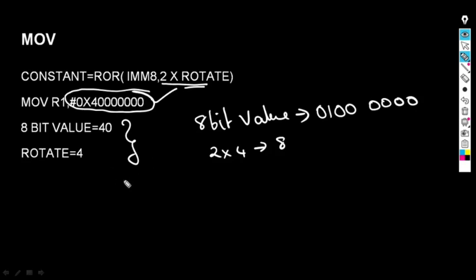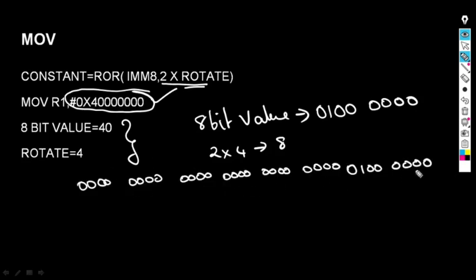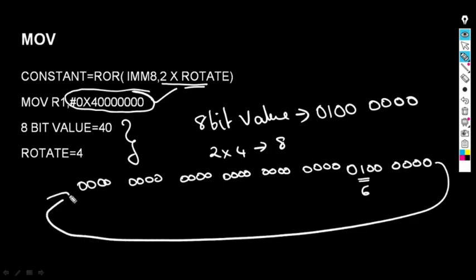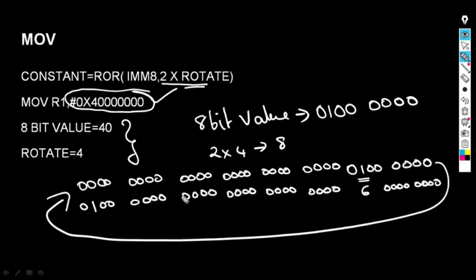If I have to show it, this is my initial value, this is bit number 6. I want to actually rotate it here and place it in this particular position. Which position exactly? I want it here. This is the answer I want, that is 40000000, and my initial value is 00000040.